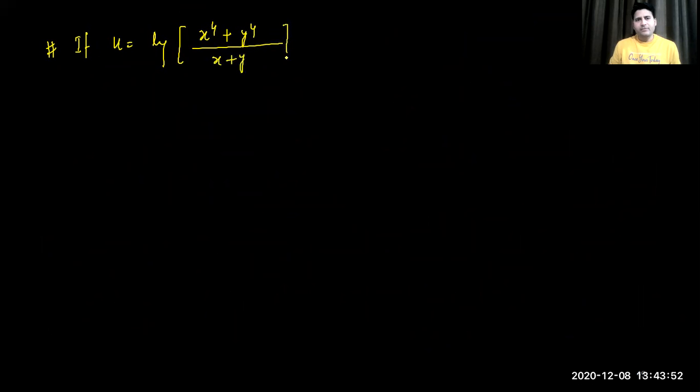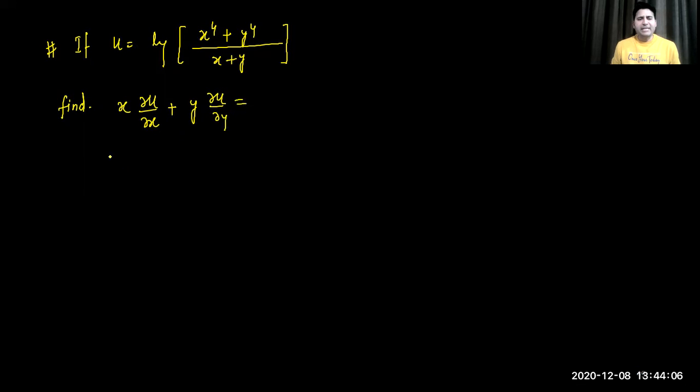Let us see one more example so that the concept will be more clear to you. If u equals log of (x^4 + y^4) upon (x + y), the question is asking to find the value of x del u over del x plus y del u over del y.